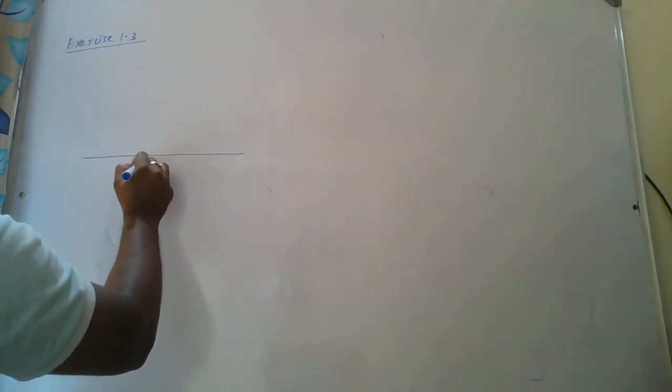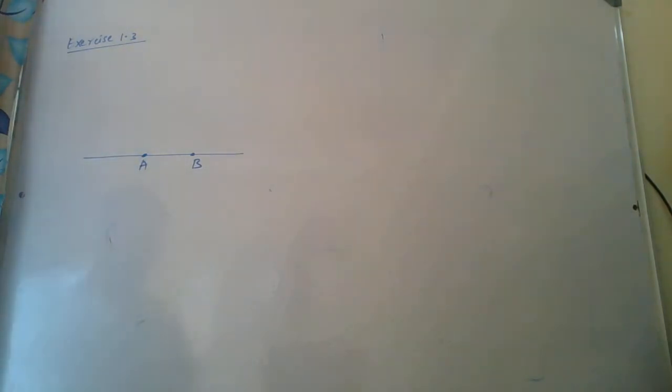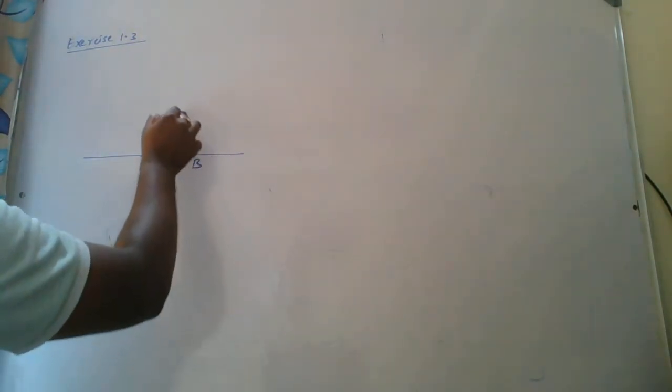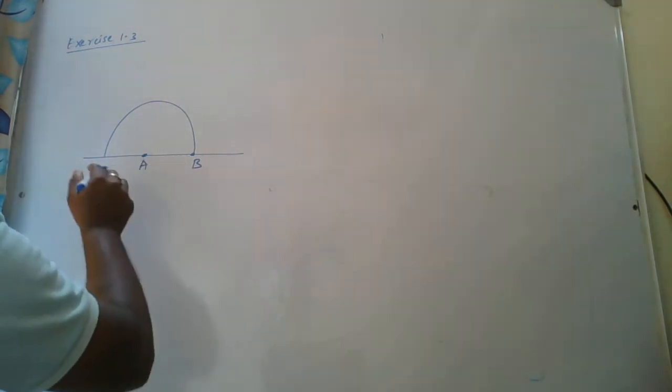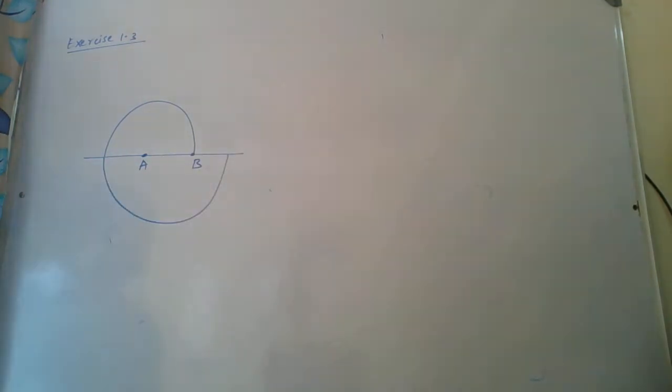So here, let's say we have got a line, 2 points A and B. With A as center, I'm going to draw a semicircle like this. Now with B as center, I'm going to draw another semicircle like this.